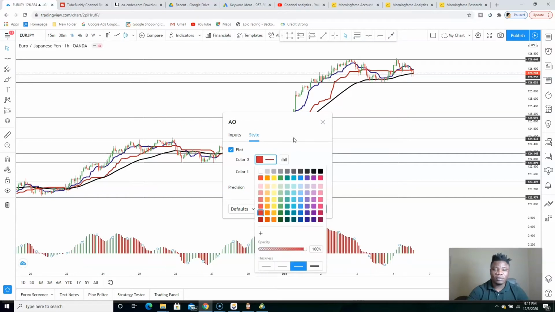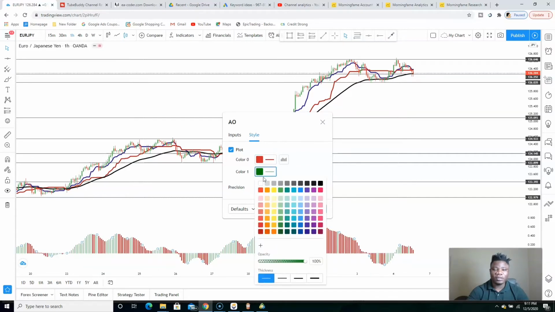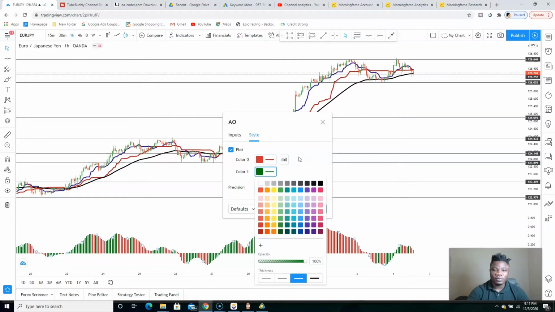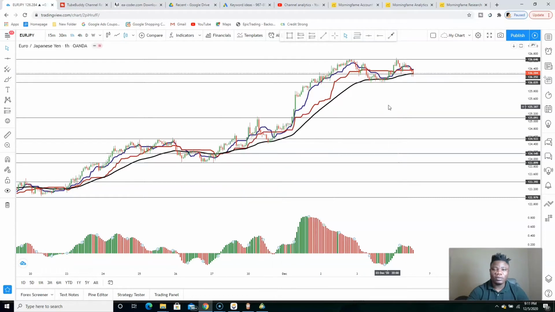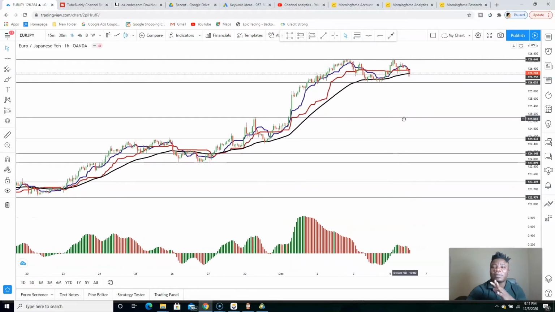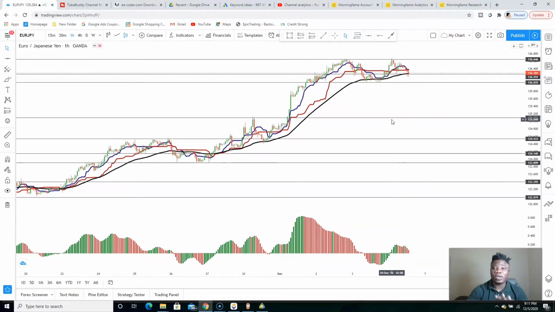Use this, and for this, change the thickness as well, and you click on OK. And this awesome oscillator, you can also find it on MT4. So now I'm going to explain how you guys trade using this strategy. Now we have everything that we need.